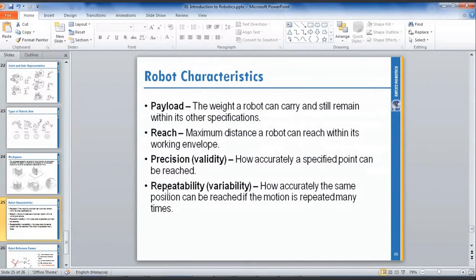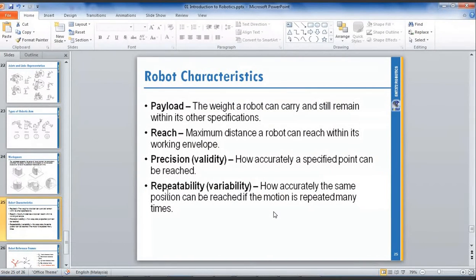Maybe your process doesn't require very high repeatability or very high precision, so you need to decide whether that robot is sufficient for your task or not. If you need very high precision and high repeatability, then the price will be higher.